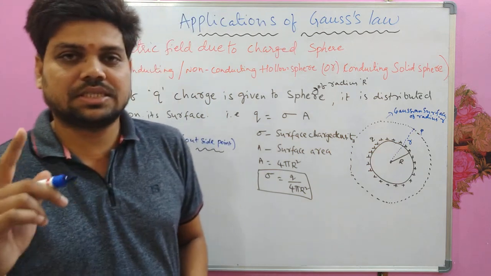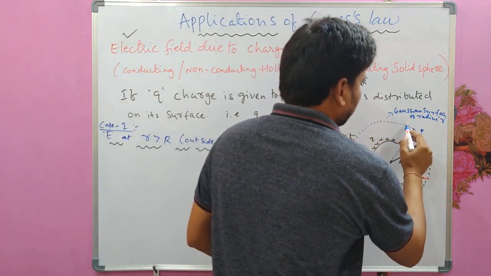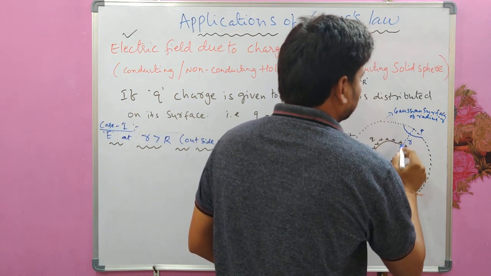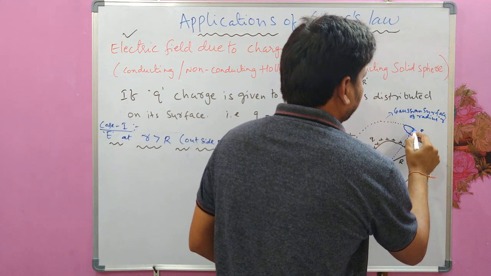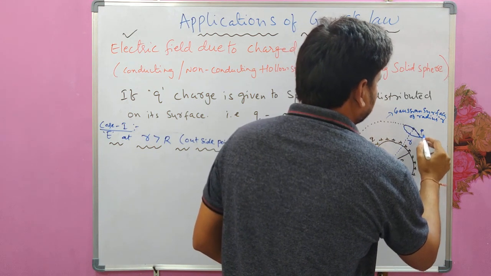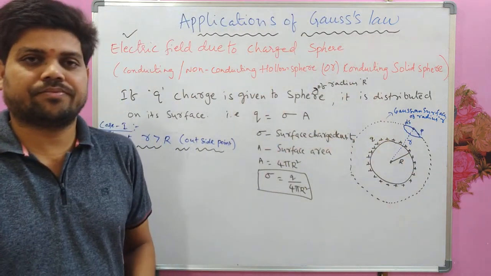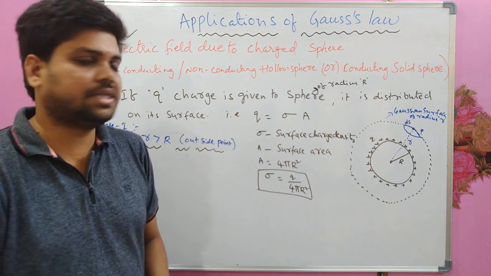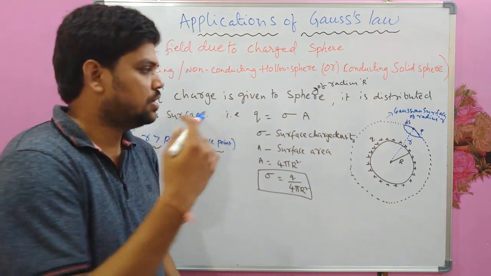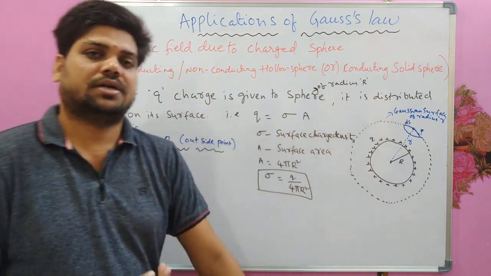Okay, so what is the third step? Consider a small area element ds at that particular point. This is ds. What is the fourth step? Identify or draw the directions of electric field and area vector.